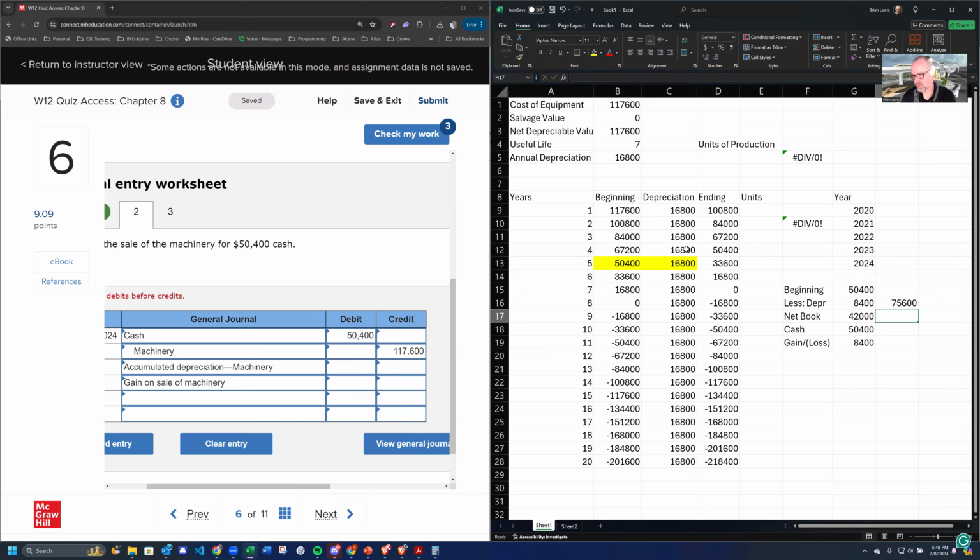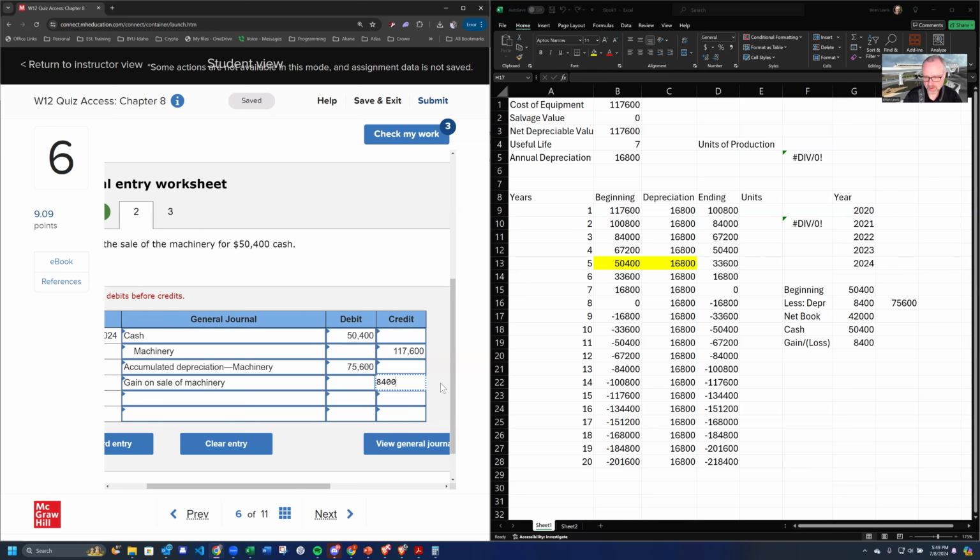It ends up being 4.5 years, so 75,600. Oops, wrong side. 75,600. And we're going to have a gain of 8,400.